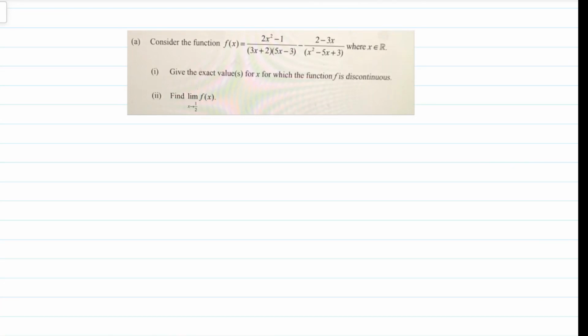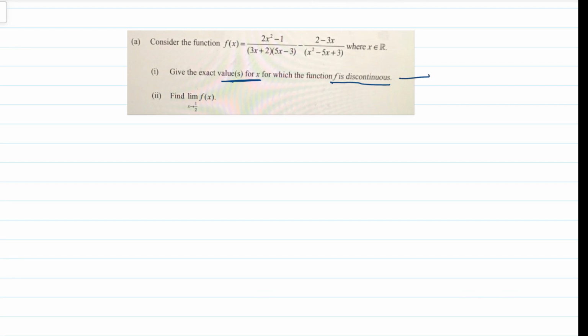Hi guys, so today we are doing this question from Calculus Scholarship 2018, which says consider the function. A function is given to you where x belongs to real numbers, and give the exact values of x for which the function f is discontinuous.